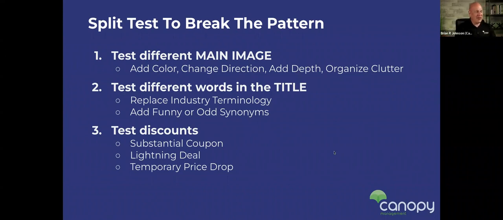I already talked about, as far as testing substantial coupons, certainly lightning deals. August 5th, by the way, this is for Prime Day, fall of 2022. And I'm going to go ahead and throw this out there. My prediction for the fall 2022 Prime Day is going to be October 17 and October 18th. Here's why. The deadline has been communicated to us in our Seller Central account under advertising and deals.